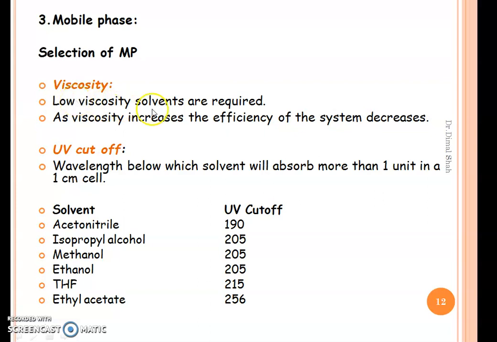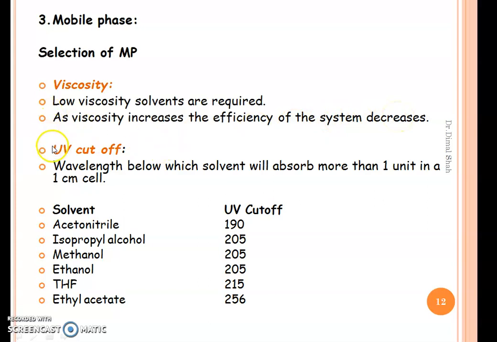Normally, low viscosity solvents are preferred because in HPLC the mobile phase is pressurized to move through the stationary phase. If the solvent is less viscous, it is easy to move through the stationary phase with less pressure. As the viscosity increases, the efficiency of the system decreases.